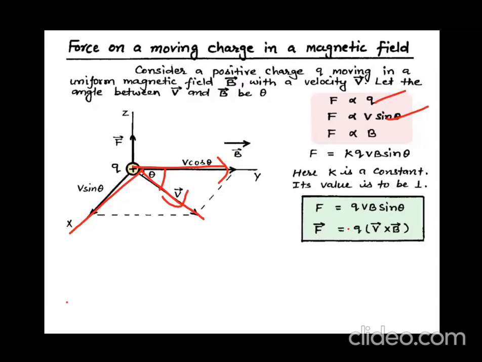Now children, if you see, V cos theta is along the direction of the external magnetic field. External magnetic field की direction में है.